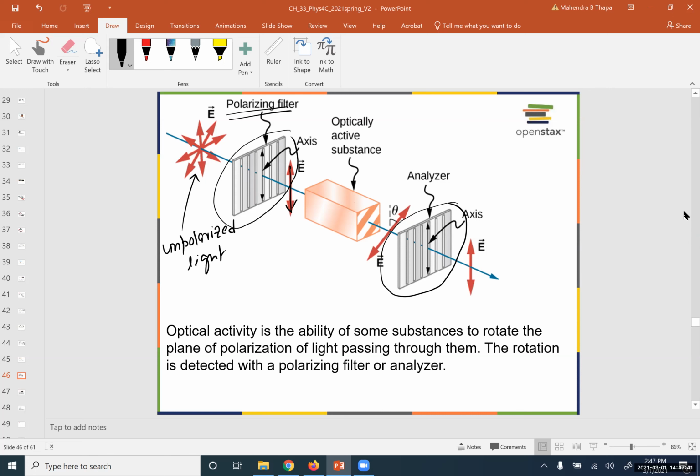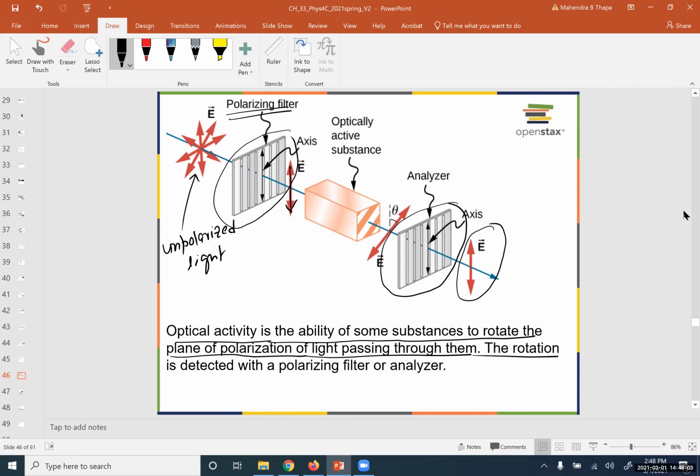We can get this light only because the axis is parallel to the propagation. Optical activity is the ability of some substances to rotate the plane of polarization of light passing through them.